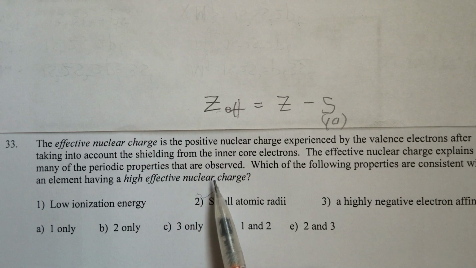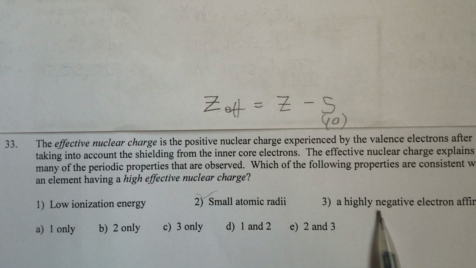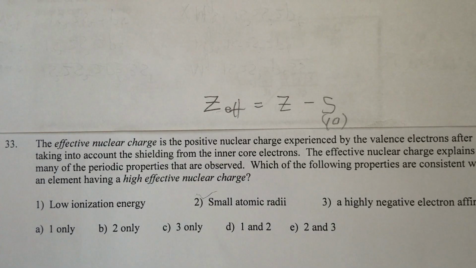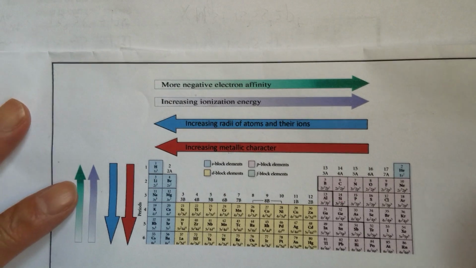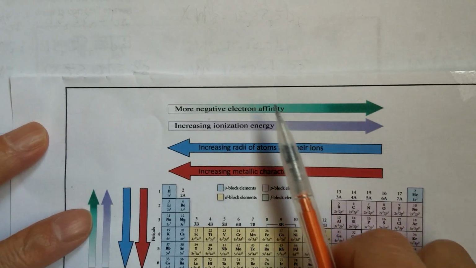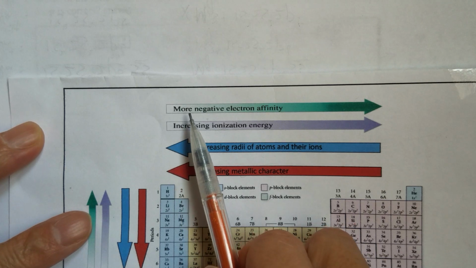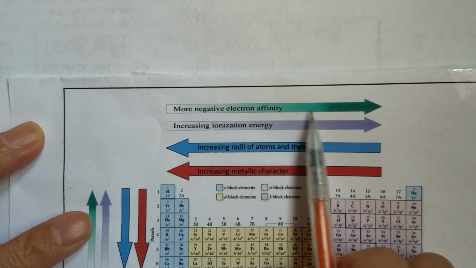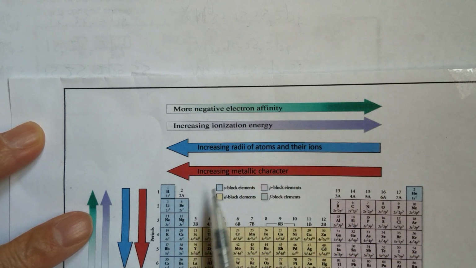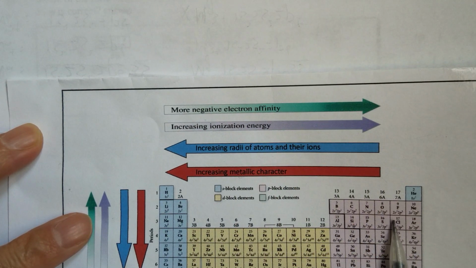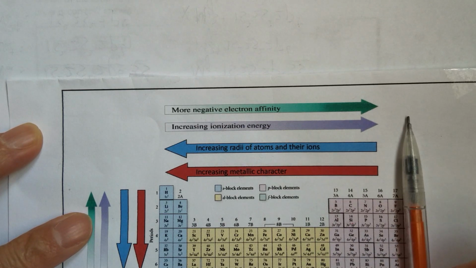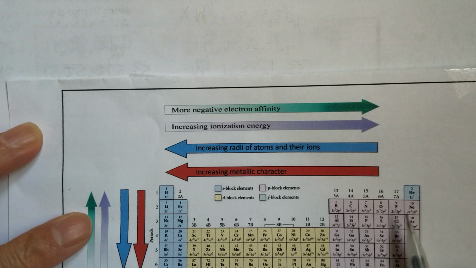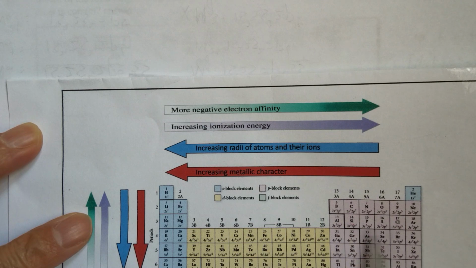Third, a highly negative electron affinity. Let's take a look at the chart again. You see, it increases in the same period from left to right, which means chlorine should have the highest one among this group. We are not talking about the noble gases. Now look at the atomic number, which always increases from left to right in a periodic table.